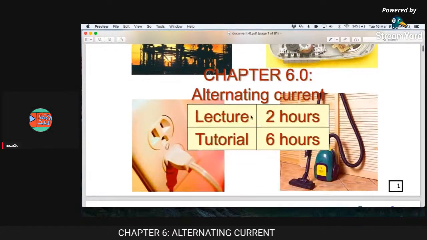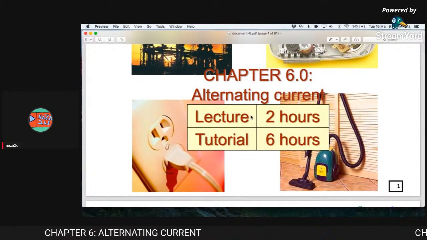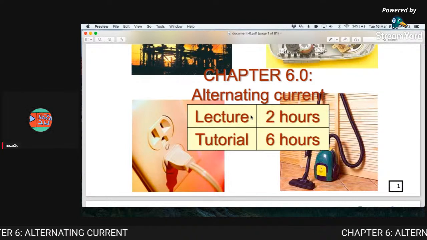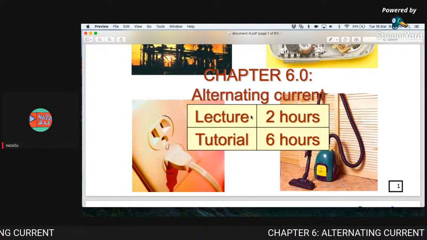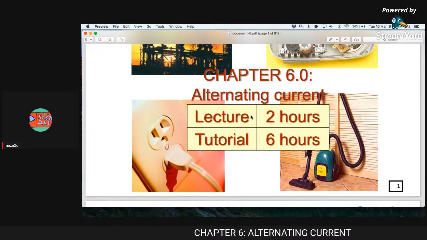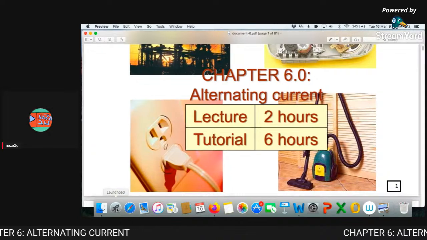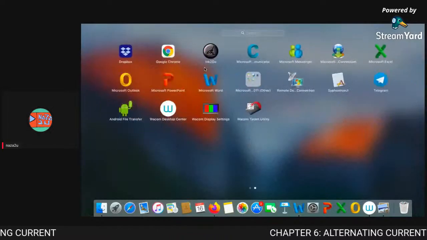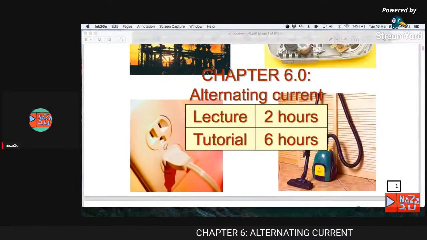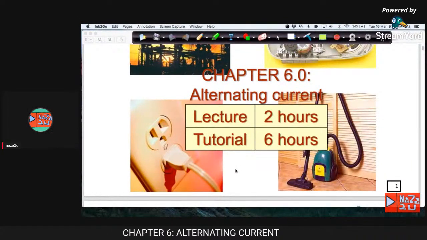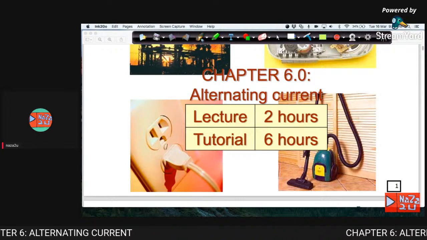Chapter 5 kita belajar berkaitan dengan direct current, and this is alternating current. Jadi apa yang first kita kena tahu, bezakan dulu what is the difference between direct current and alternating current.